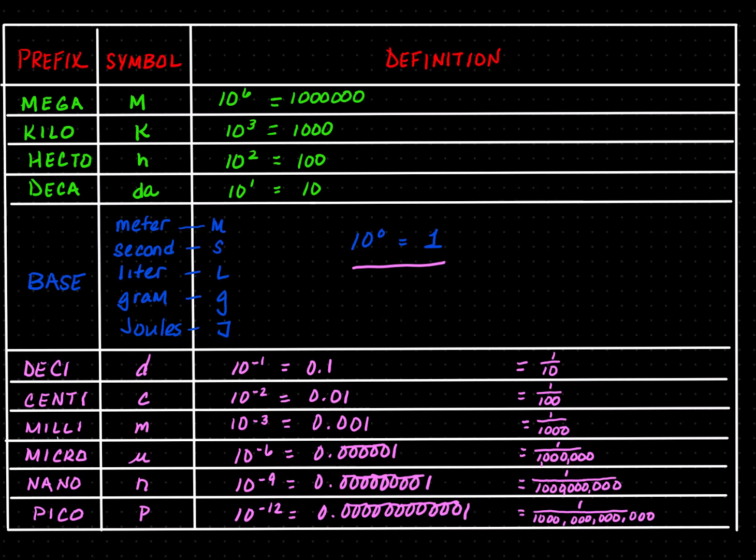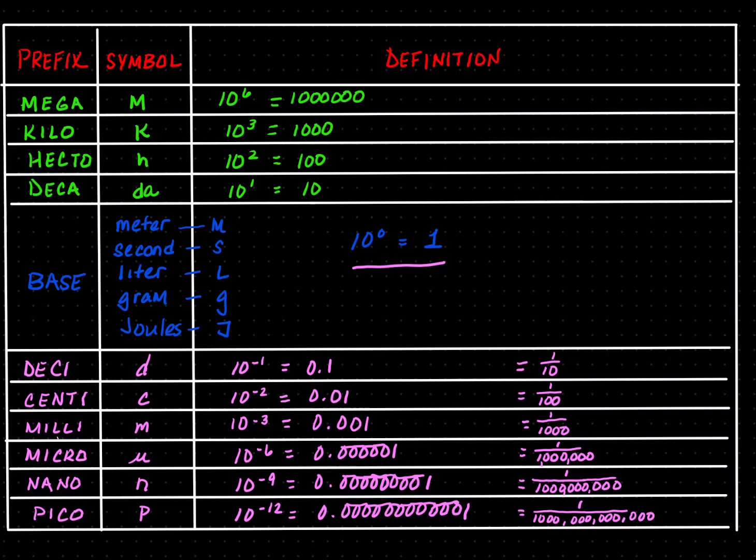Nano, which is n, if you notice, it starts with an n, abbreviation is an n, is 10 to the negative ninth, and 9 starts with an n, is equal to 0, 8 zeros and a 1, or 1 over a billion.